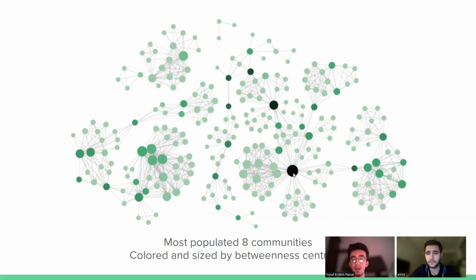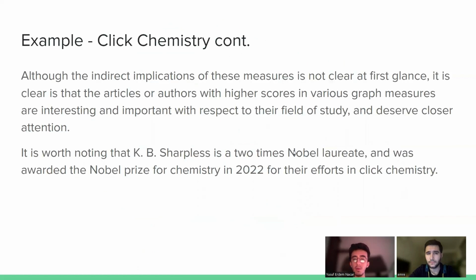And we can see that Barry Sharpless has the biggest node.